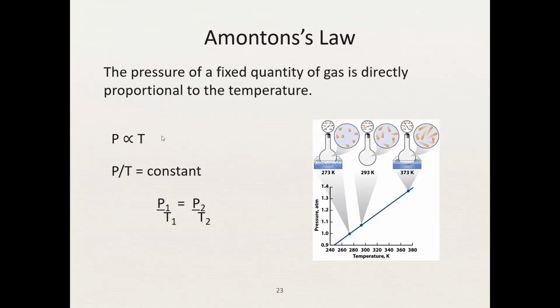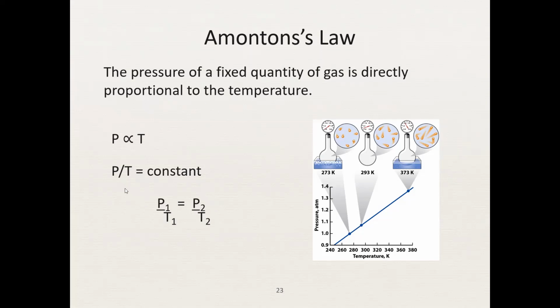So as pressure and temperature, as one of those goes up, the other goes up. So if we're looking at how we can relate the change in pressure and temperature within one sample, assuming again we're keeping the amount of gas constant, what we're going to see is P1 over T1, so the initial pressure over the initial temperature, is equal to the final pressure over the final temperature.